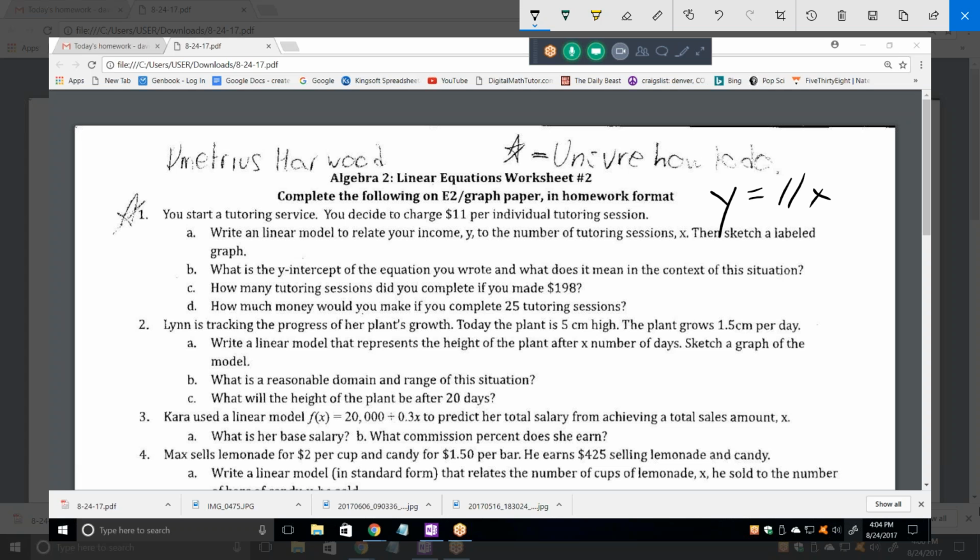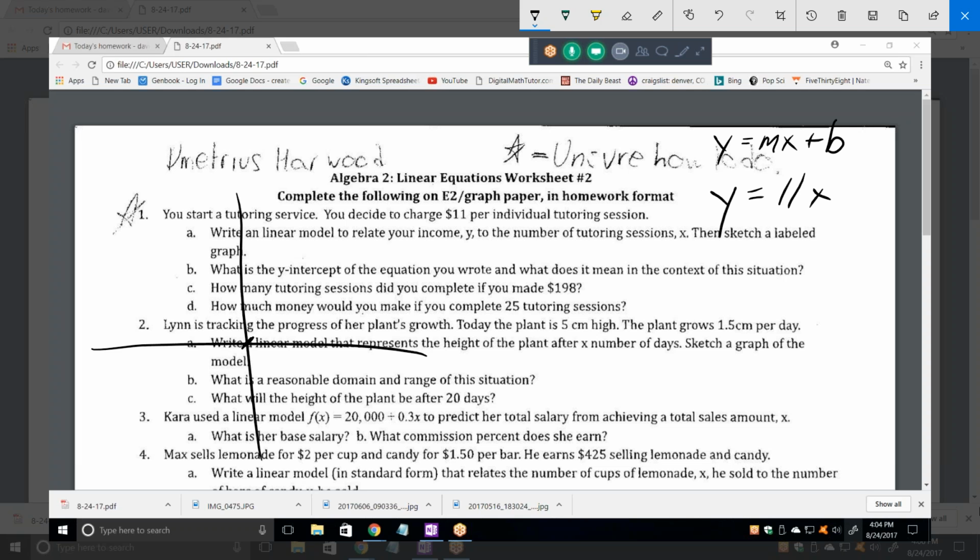Now, if we want to graph that, that's pretty easy to graph. Where's the y-intercept? 0. Oh, you got it right. Remember what the general formula is: y equals mx plus b, where b is the y-intercept.